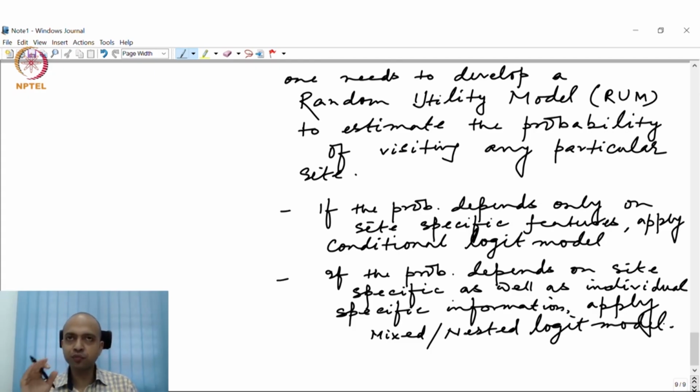If we believe that the probability of visiting a particular site depends only on site-specific features, we apply the conditional logit model. If we believe that probability depends both on site-specific as well as individual-specific features, like their age, gender, income, and so on and so forth, then we use the multinomial logit, mixed logit, or nested logit model.